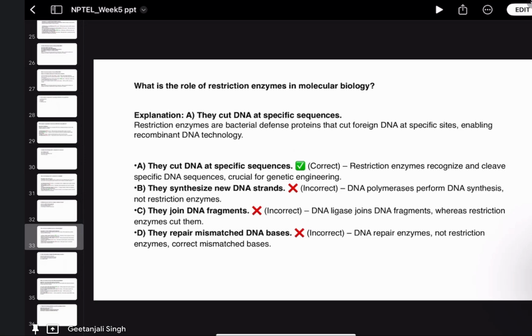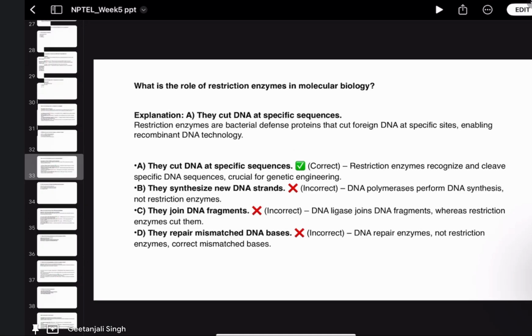They cut DNA at specific sequences, and hence are used in recombinant DNA technology. They do not synthesize DNA strands. That's done by DNA polymerase. DNA fragments are joined by ligases, and obviously they do not repair mismatched DNA bases. Let's move on to the next question.